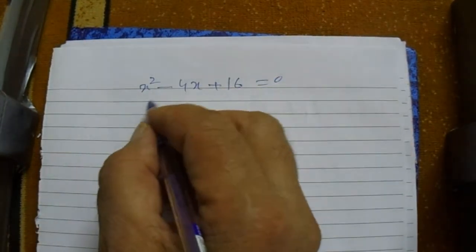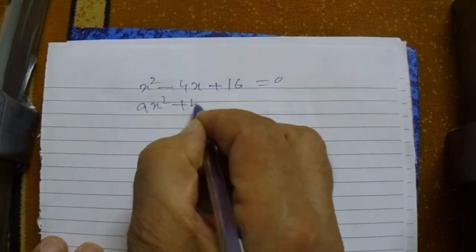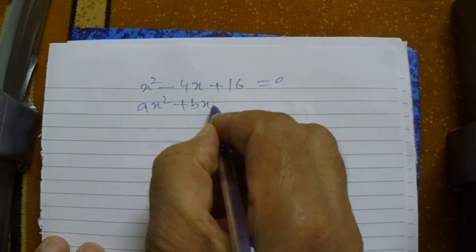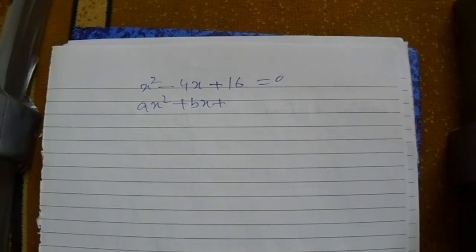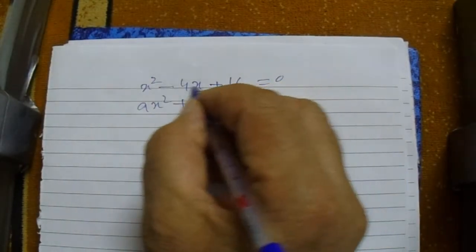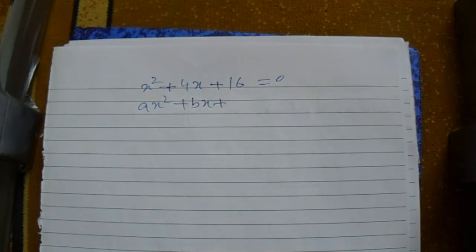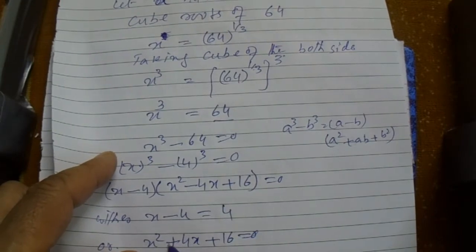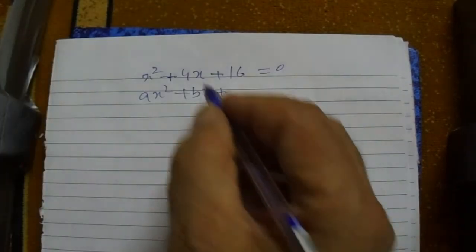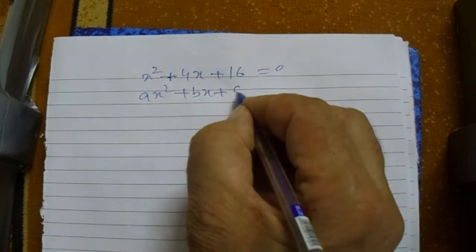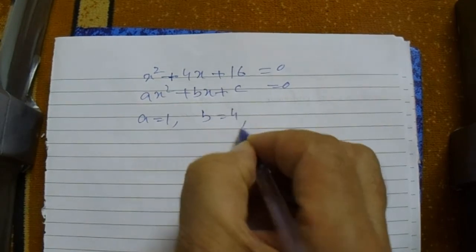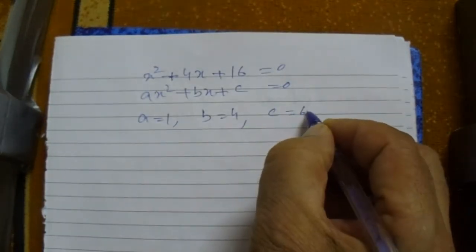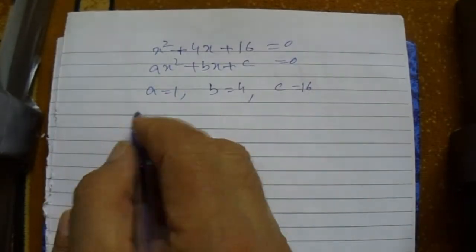Now we write ax square plus bx plus c is equal to 0. Here a is equal to 1 and b is equal to 4 and c is equal to 16. Now put these values in the formula.